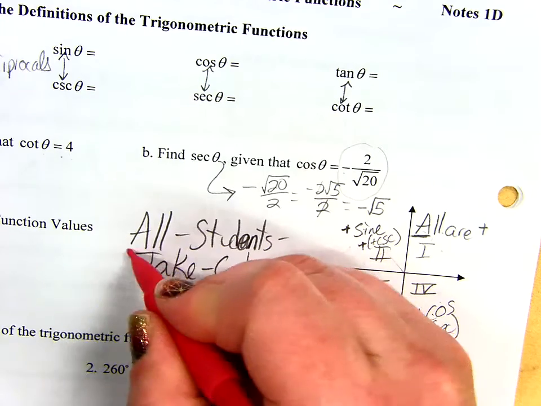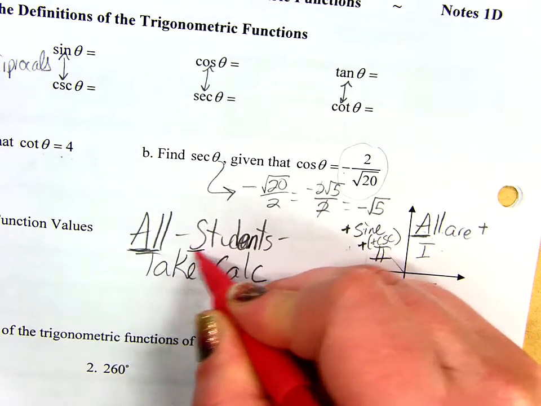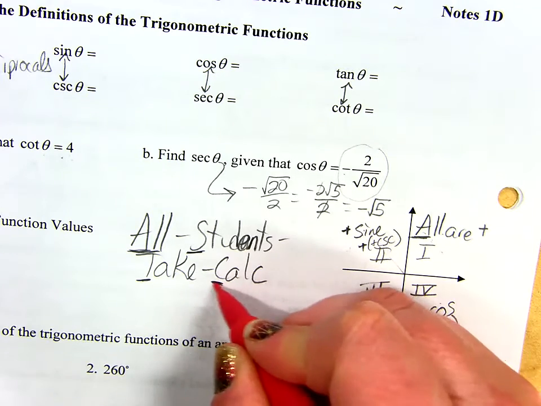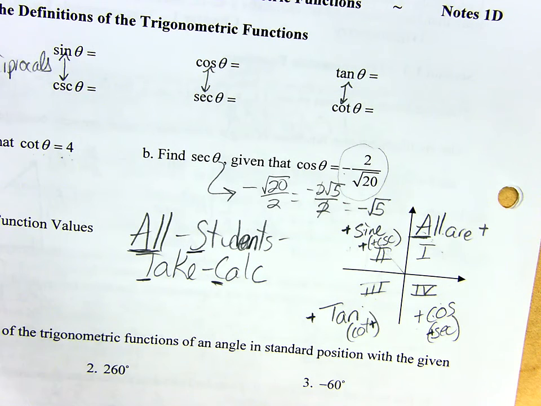That tells you who's positive in each quadrant. So S obviously stands for sine, T stands for tangent, C stands for cosine. All students take calc.